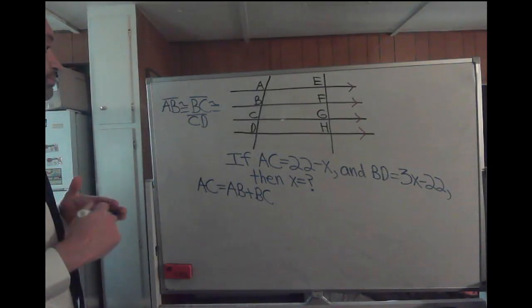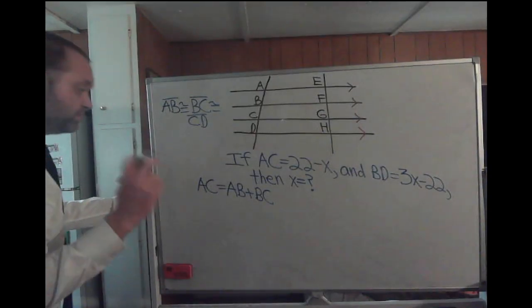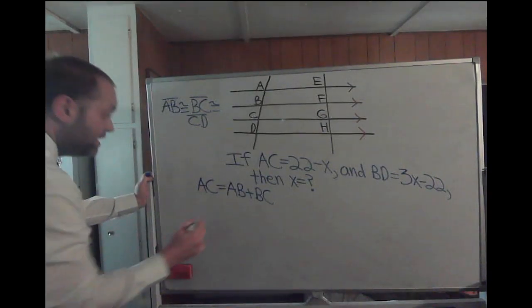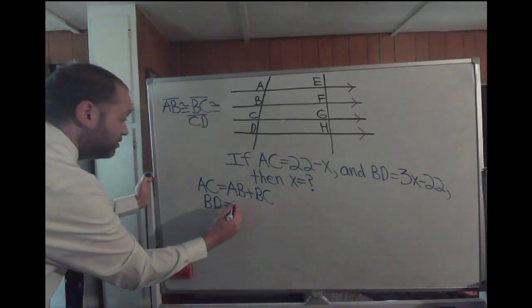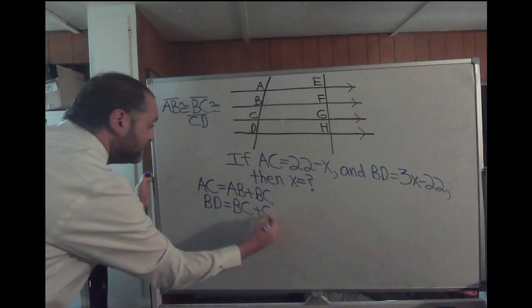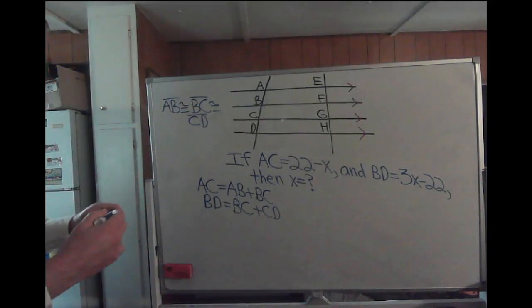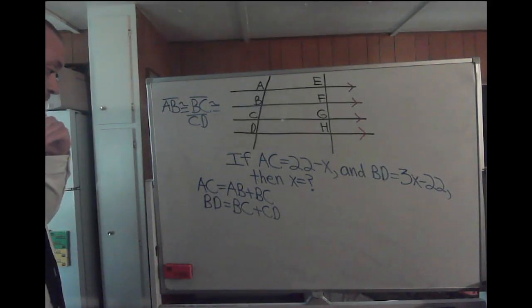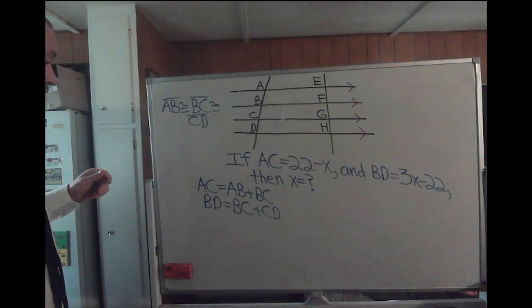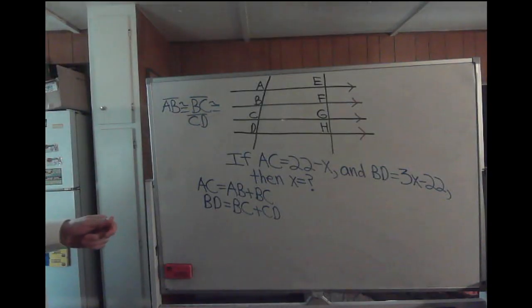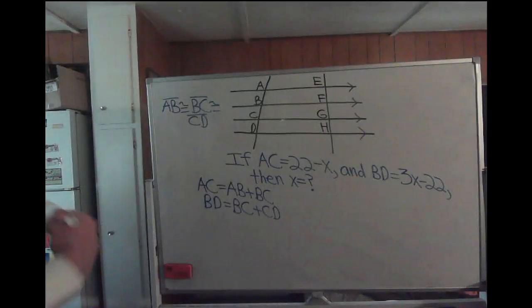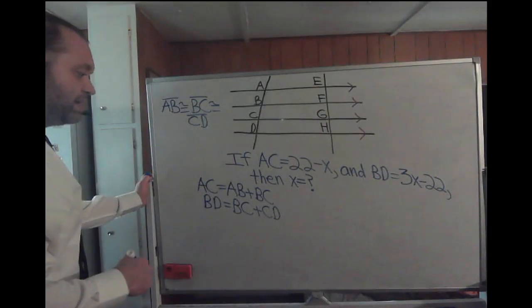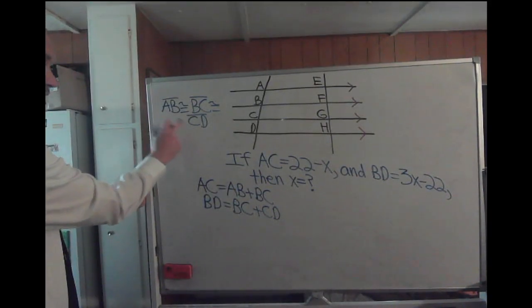So now we can also say that BD is equal to BC plus CD, right? Well, if all three of these segments are congruent to each other, that means for CD, we could substitute AB in here if we want to, right?